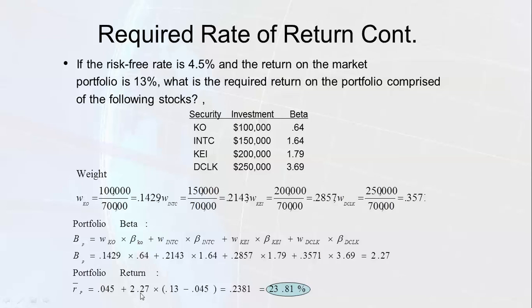So only beta matters. Everything else is going to be the same. So the rate of return on any security or a portfolio is just a function of beta. We got 2.27 beta, and we plug the beta into the CAPM equation. We got a 23.81% return. Okay, that's the portfolio return.